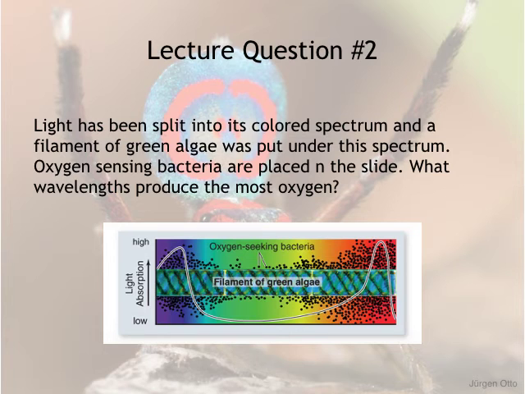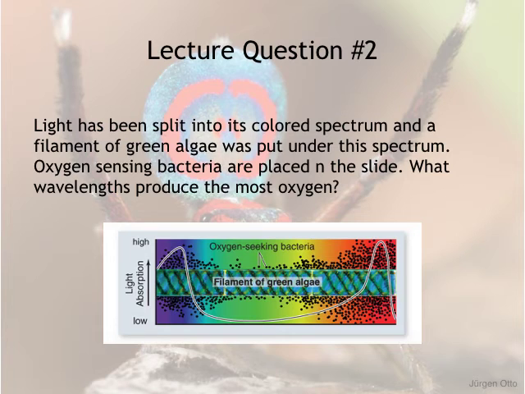Okay, so cool little question. This is an actual experiment that we could do in the lab if we wanted to. In this experiment, light has been split into its colored spectrum. We use a prism, and that prism splits white light into the different colors. And you put a filament of green algae under that spectrum.